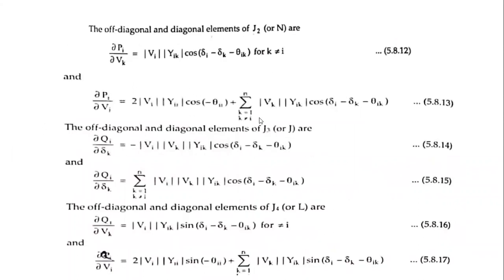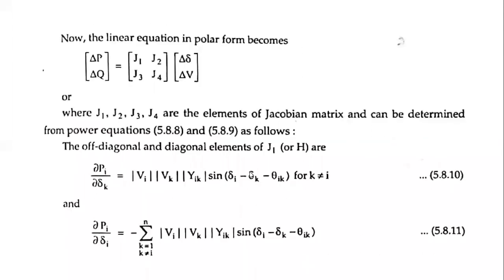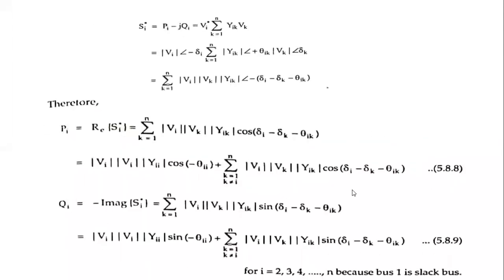And also the J2, J3, J4 values. These are the formulas for the Jacobian matrix that will be obtained from these two equations, 5.88 and 5.89, Pi and Qi.